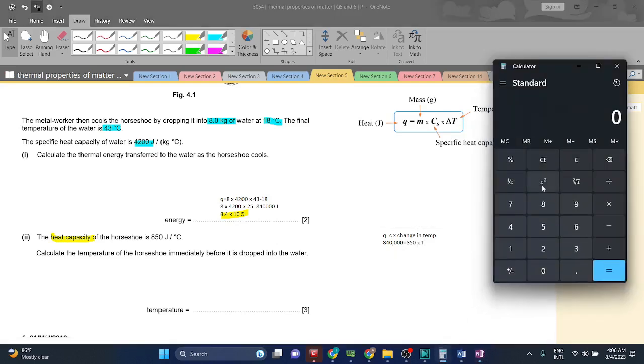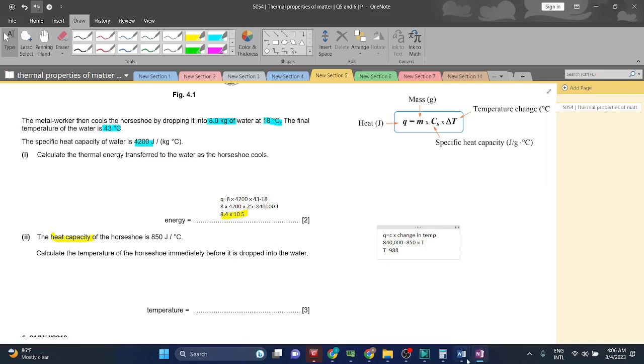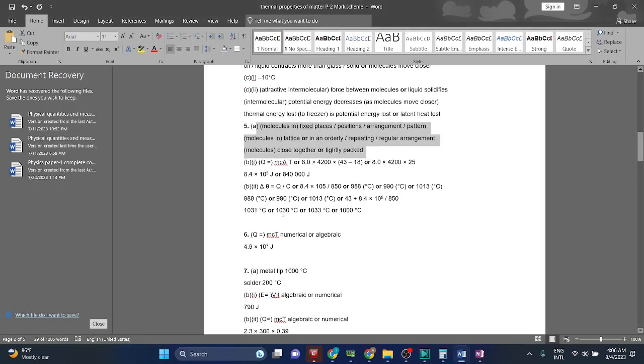So let's check the answer. 840,000 divided by 850. That will give us 988. The temperature will be 988. Let's check. 988 is the temperature.